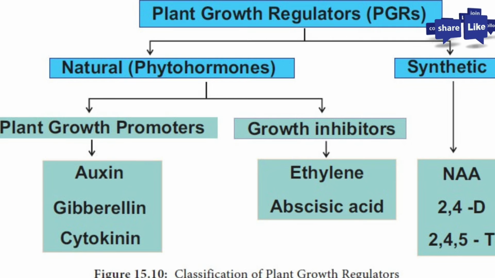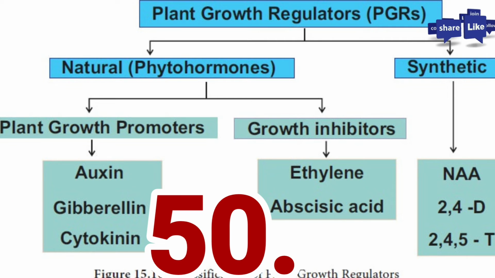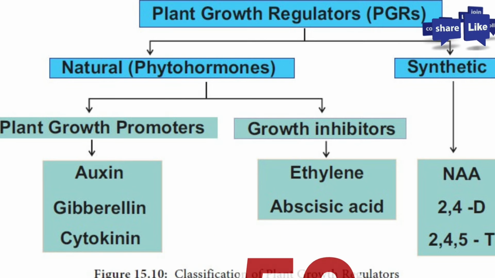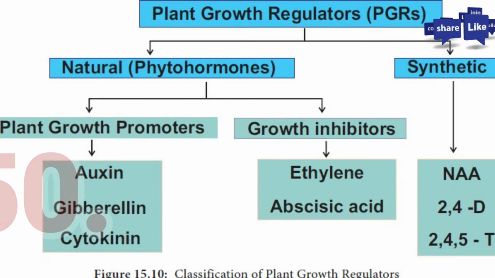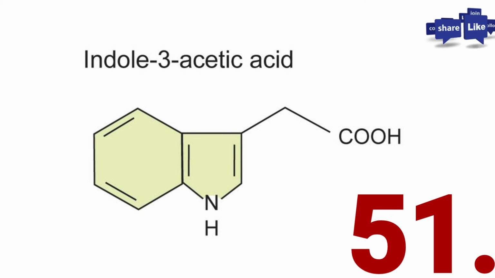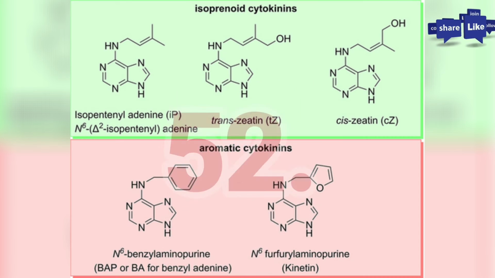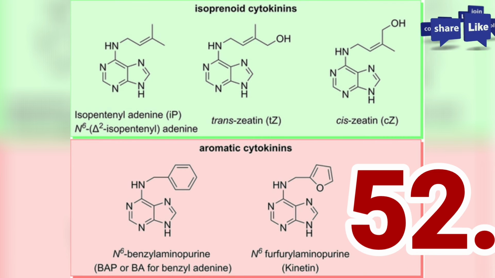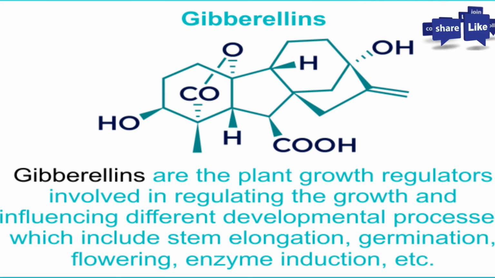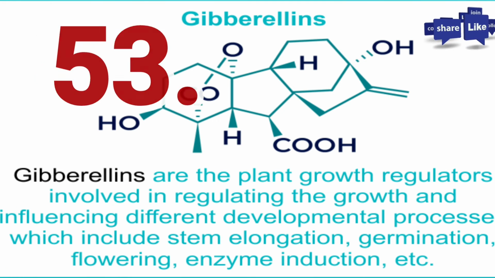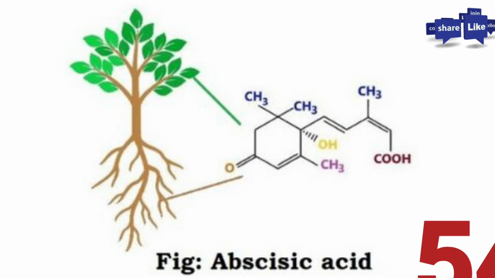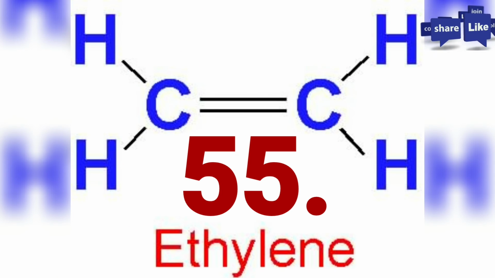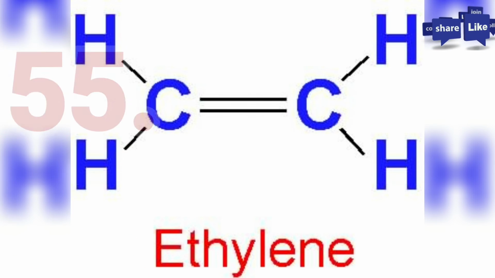Plant growth regulators are auxins, cytokinins, gibberellins, abscisic acid, and ethylene. Auxins are indole compounds. Cytokinins are adenine derivatives. Gibberellins are terpenes. Abscisic acid is a carotenoid derivative. Ethylene is a gas.